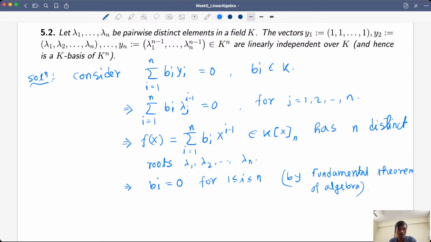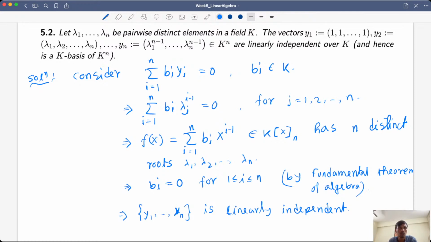So this implies that y 1 up to y n is linearly independent. Fine, this is just an easy consequence of this.